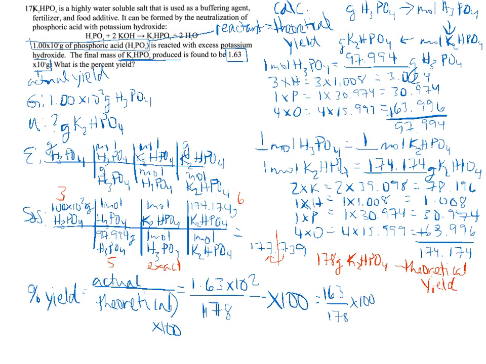And when you do that, you should get 91.573. And then we need to do our significant digits. Both of our numbers go to 3 significant digits, which means this becomes 91.6% for the final answer.